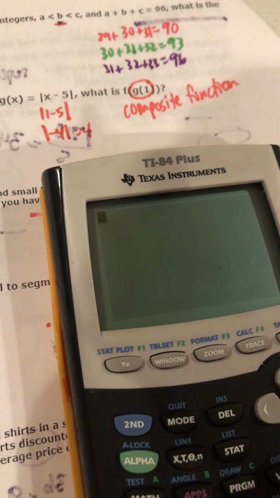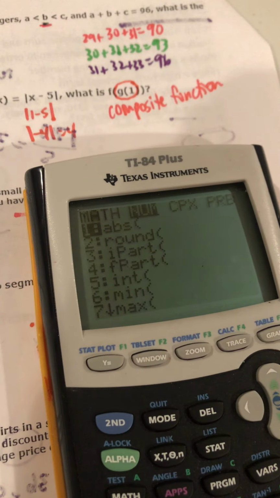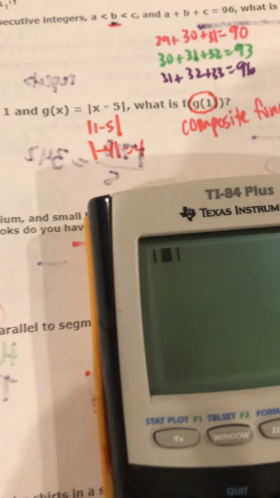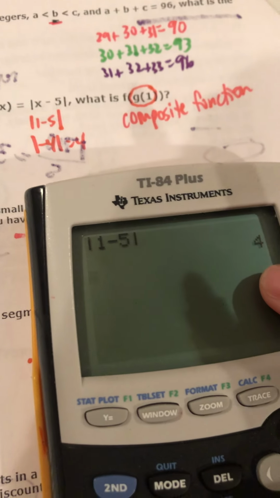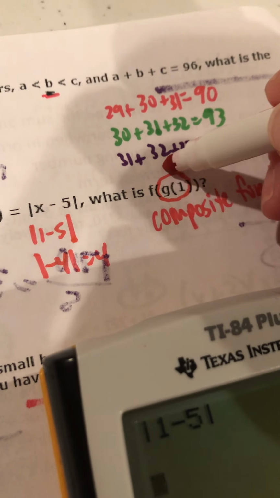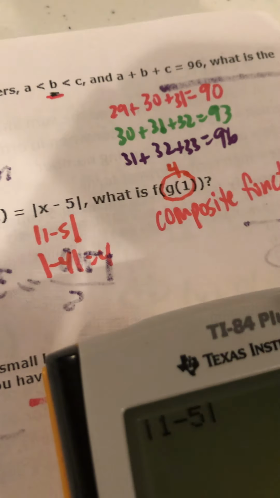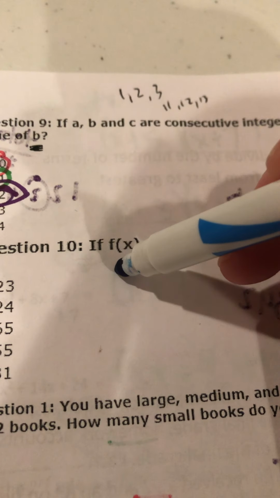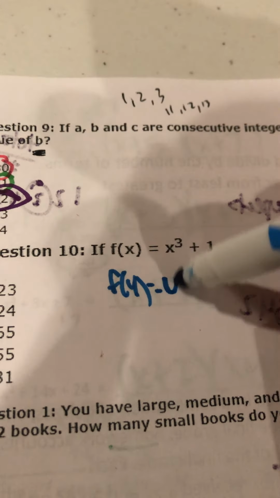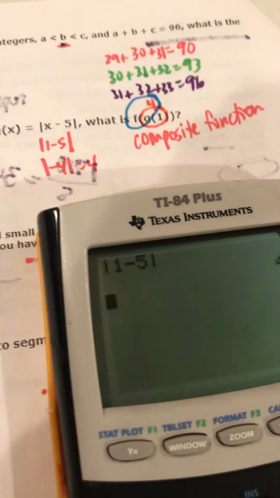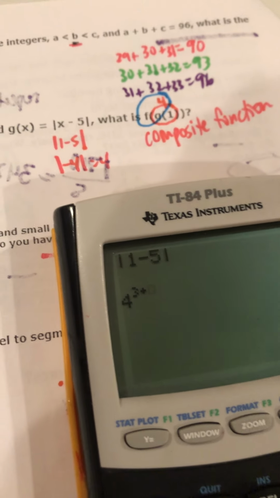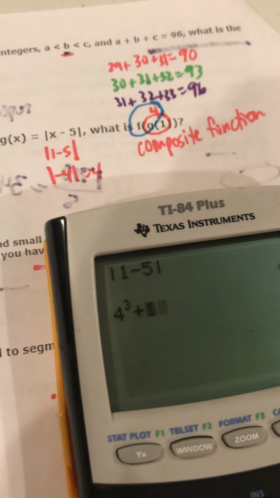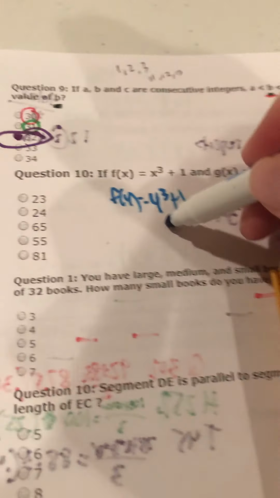But if you've forgotten, you can hit math, right, enter, and it would do absolute values, 1 minus 5, and it would tell you it's 4. Okay, so G of 1 is 4, and now we're going to put 4 into F. So if I put 4 into F, 4 cubed plus 1 is 65.